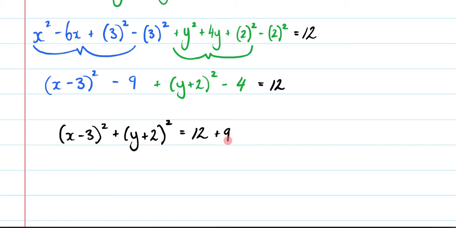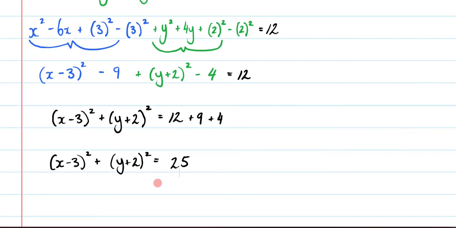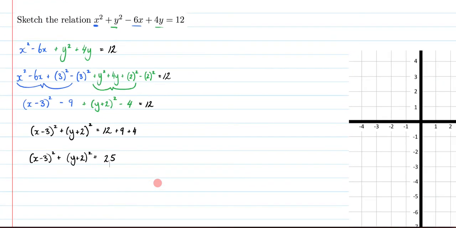They're going to become a plus 9 and a plus 4. x minus 3 squared plus y plus 2 squared equals 12 plus 9 is 21, plus 4 is 25. And that is our very last equation. So we have successfully transformed my general equation into a more friendly form for when we graph.